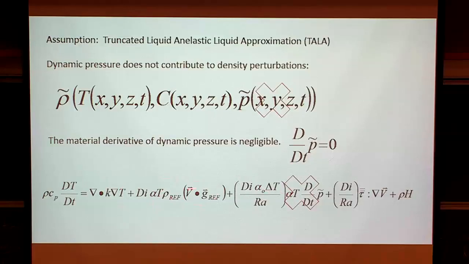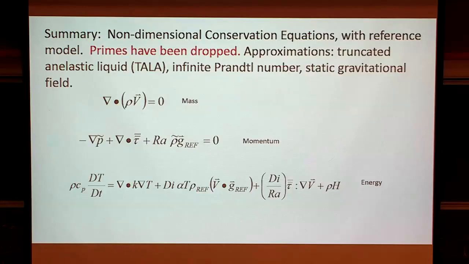This is essentially the adiabat on the reference system, and this is the adiabatic effects on the perturbation to the pressure. This is much smaller than this usually, so we can get rid of that. So now, that summary, the TALA, the truncated anelastic liquid approximation, an infinite Prandtl number, static gravitational field, this is what the equations look like.